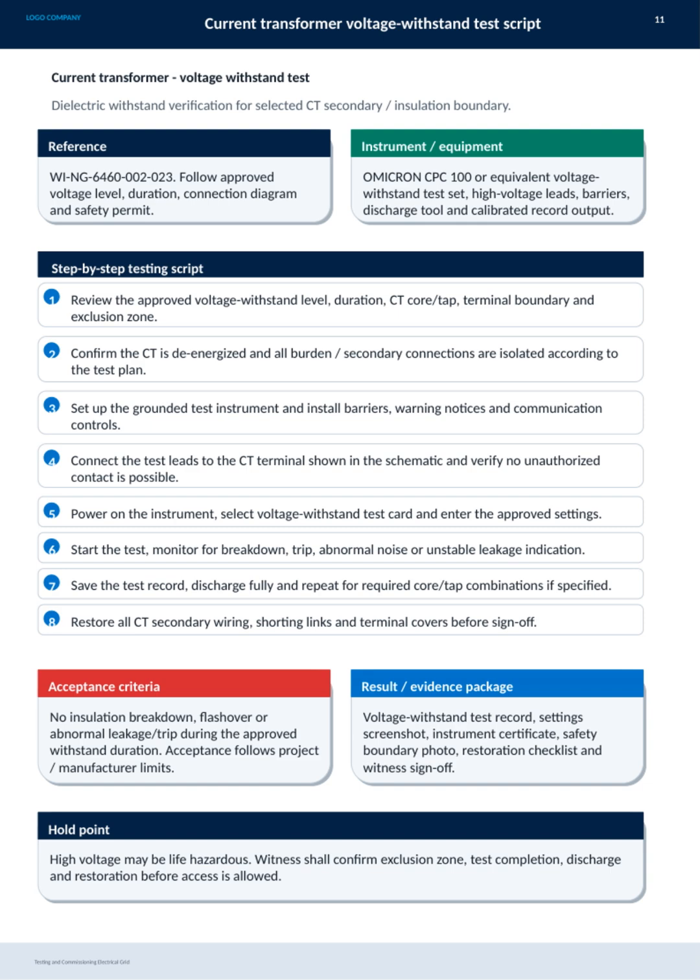For documentation, we compile the voltage withstand test record, settings screenshots, instrument certificates, safety photos, restoration checklist, and witness sign-off. A crucial hold point is that the high voltage used is life hazardous, so a witness must confirm the exclusion zone, test completion, discharge, and restoration before anyone is allowed access. This ensures the utmost safety throughout the process.